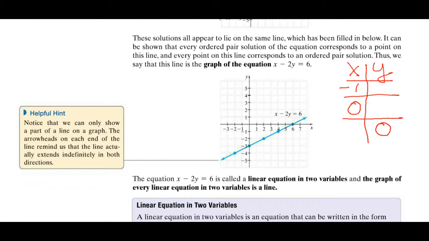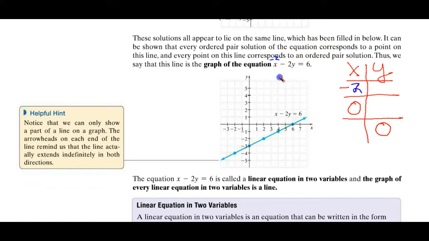So let's solve then for the other points. Well, if x is a -1, this is a -1 here. In fact, I'm going to make that a -2. You'll see why here very shortly. All right, if this is a -2, I'm going to transpose that over.